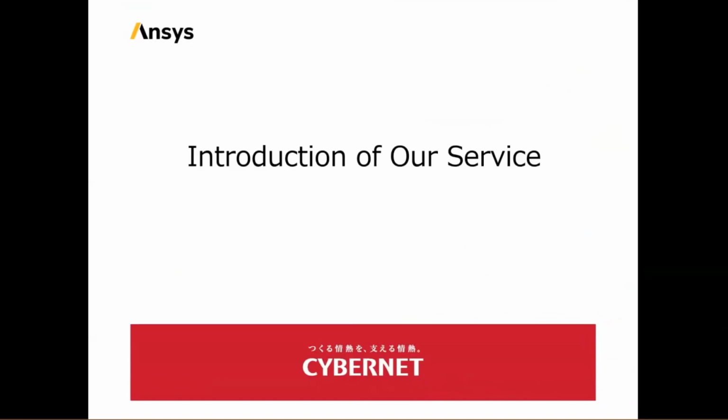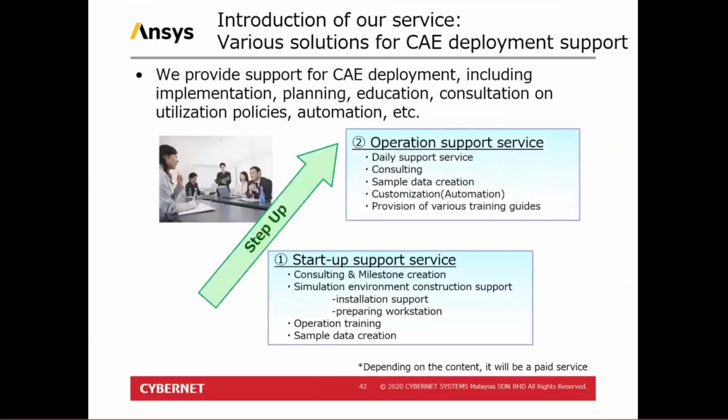Basically, the process includes two steps of service, starting with the startup support service, where the consulting and milestone creation are done, followed by the construction of the simulation environment, and so on. The next step is the operation support service, which comprises different kinds of support during operation, such as daily support service, consulting, sample data creation, automation, customization, and so on.